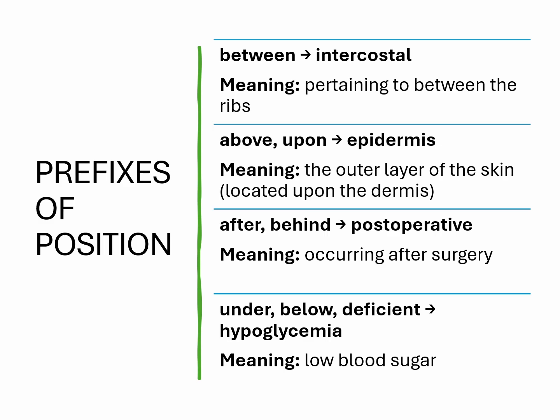For above or upon, we'll use epidermis, meaning the outer layer of the skin, which is located upon the dermis. For after or behind, we'll use postoperative, meaning occurring after a surgery. For under, below, or deficient, hypoglycemia, which means low blood sugar.